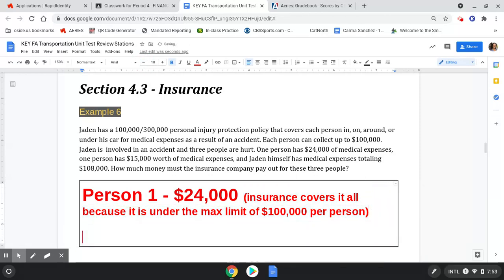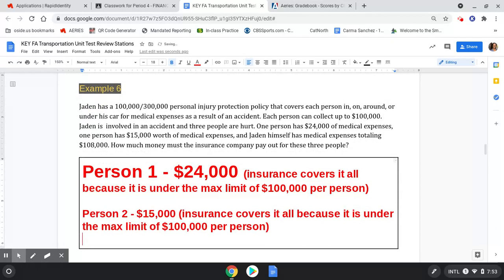All right, person two only had 15,000 in medical expenses. And we're going to say that insurance covers it all because it's under the max per person limit of 100,000. Person three is Jayden. Insurance is only going to cover 100,000.